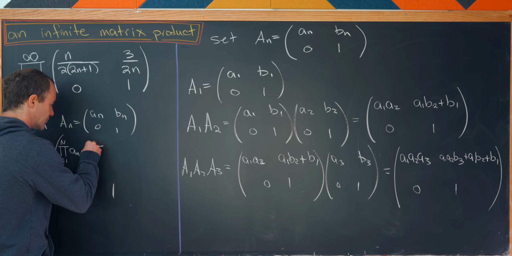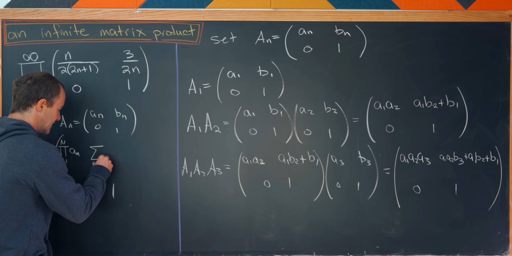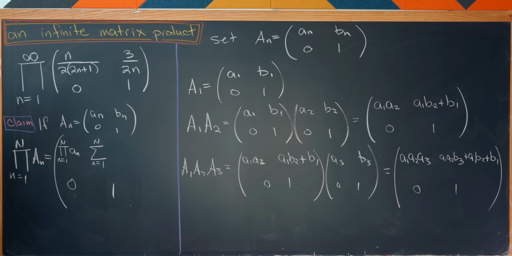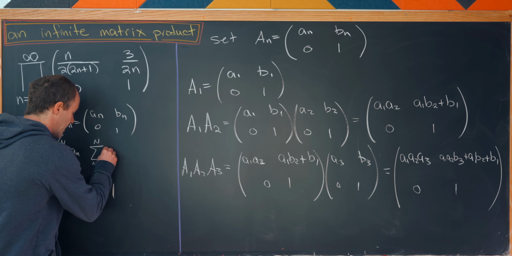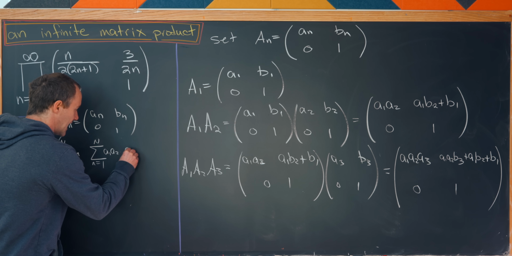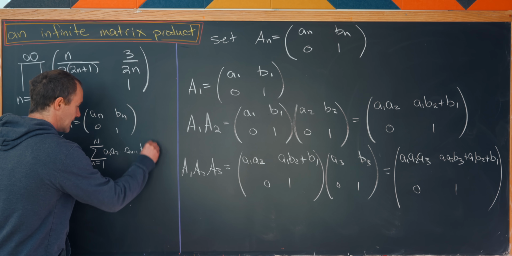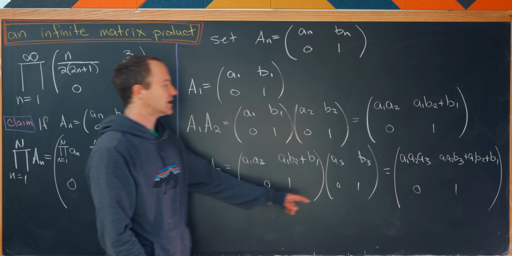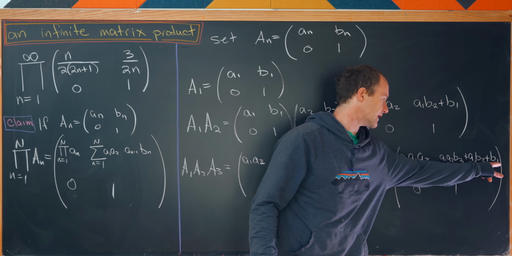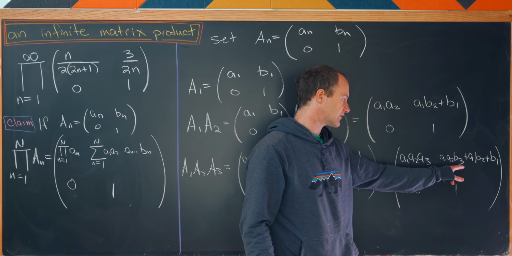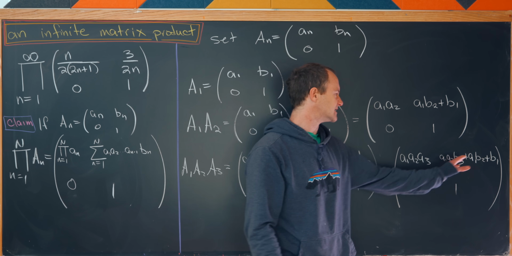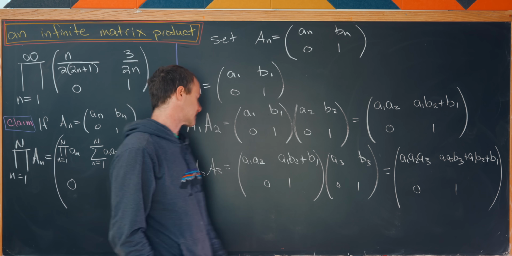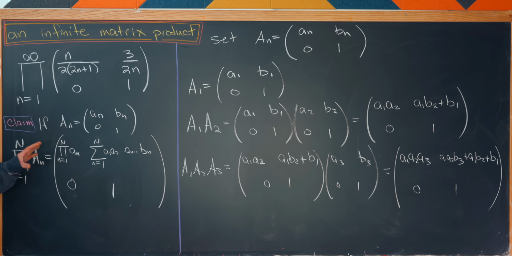I think maybe this is the way: the sum as n goes from 1 to capital N of the product a1, a2, ending at a_(n minus 1), and then b_n. That makes sense because the third term in this sum, if we read it from right to left, has a b3 and an a1 and an a2, and then descending down we see that this works out. Okay, so now let's prove this claim, and then we'll use this claim to get a closed form for our goal product.